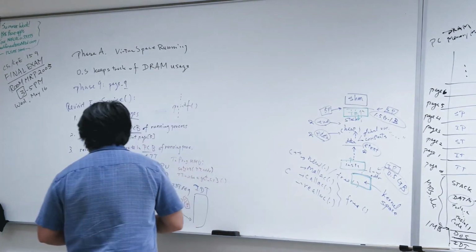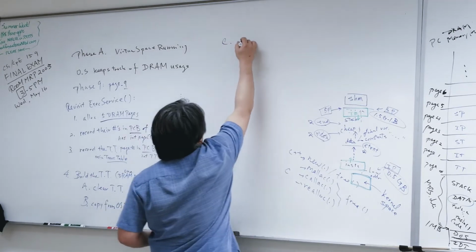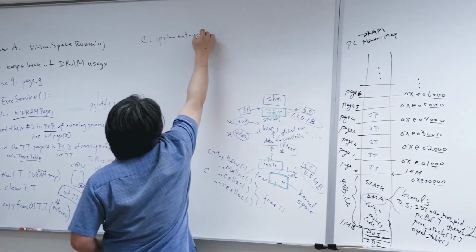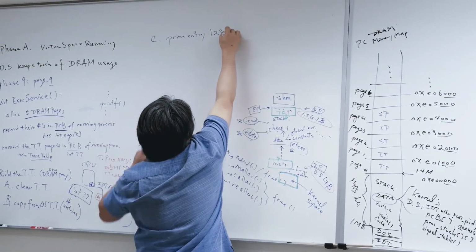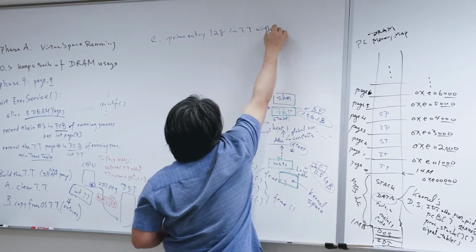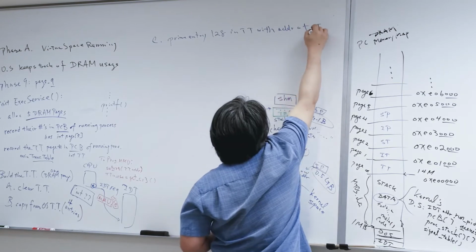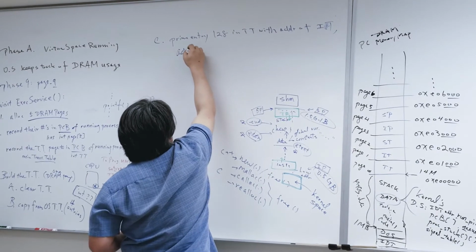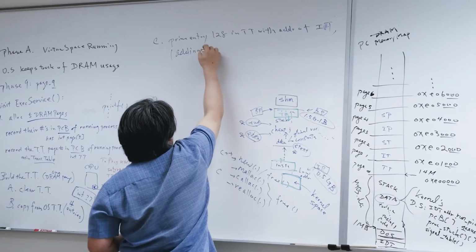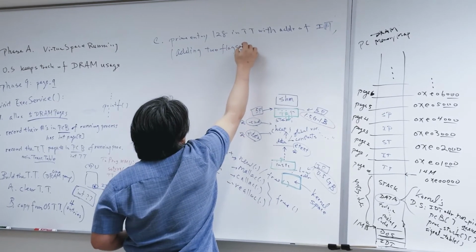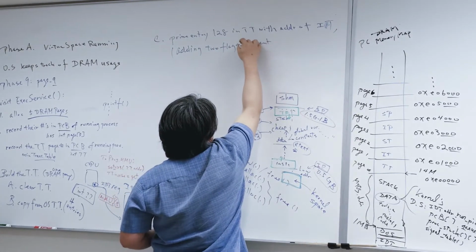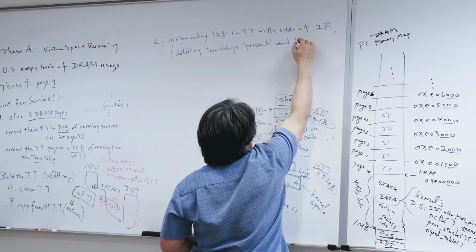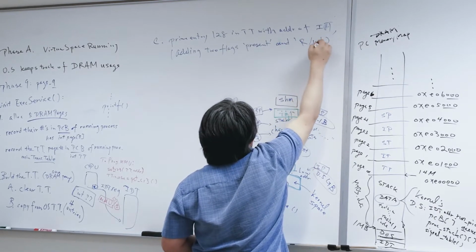So, I'll just tell you the answer: prime entry 128 in the TT, with the address of IP, adding 2 flags: present and read/write.